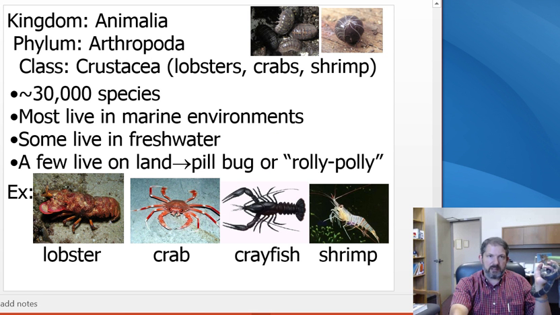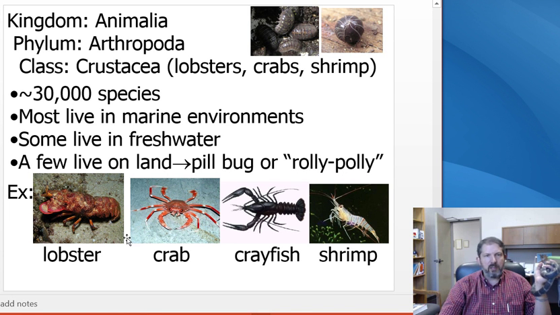Arthropods include more than just insects and spiders. It also includes the crustaceans, which is lobsters, crabs, shrimp, even these roly-polies, these potato bugs. They are kind of like little miniature land crabs or land lobsters or land shrimp. They have many legs all together, and these little body segments.